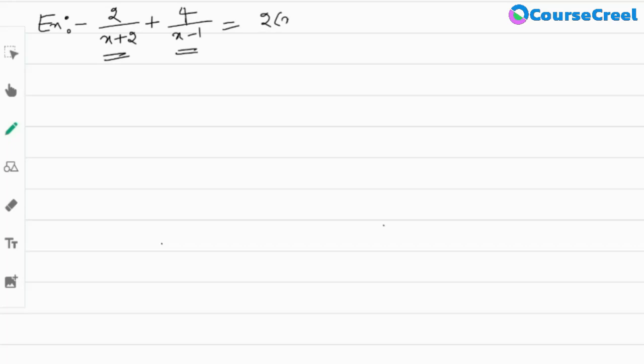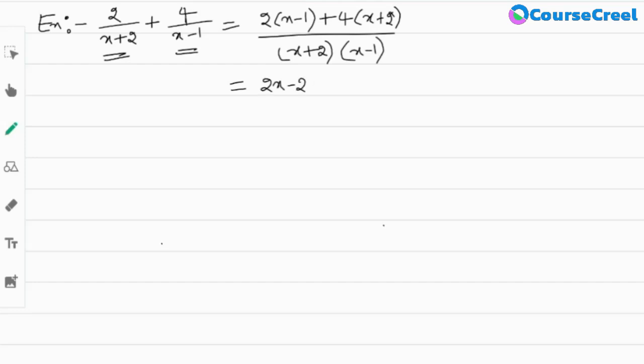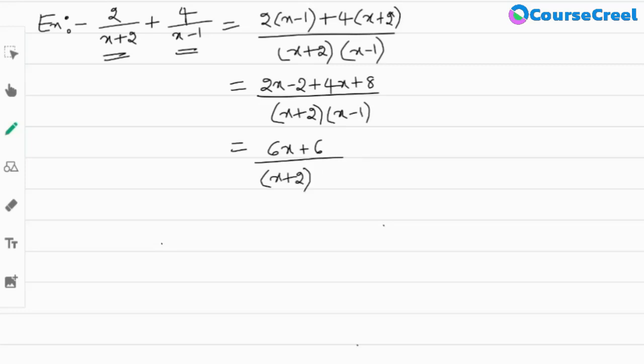So 2 into x minus 1 plus 4 into x plus 2, by x plus 2 into x minus 1, that is equal to 2x minus 2 plus 4x plus 8, by x plus 2 into x minus 1, that is equal to 6x plus 6 by x plus 2 into x minus 1. So this is the process of adding.